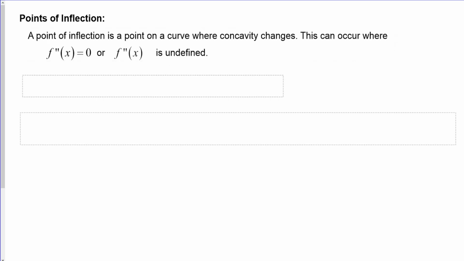Okay, now let's pin down what's meant by a point of inflection. A point of inflection is a point on a curve where concavity changes. So we've established that through looking at curves, but how do we know where that happens? Well, it turns out that this occurs where the second derivative is equal to 0 or the second derivative is undefined.